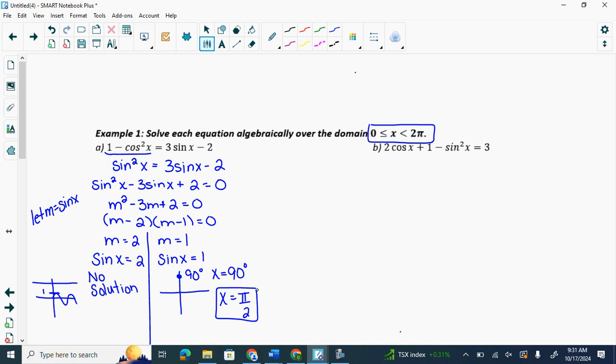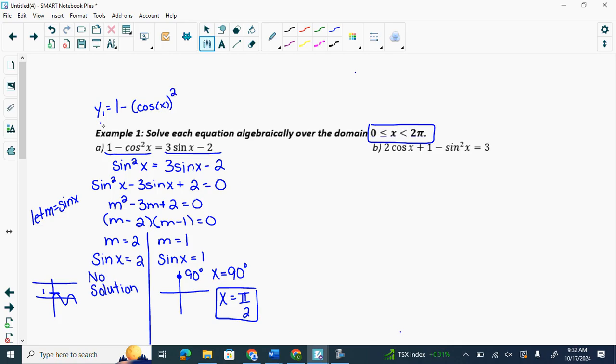Now, what would I hazard you to do instead of what we just did? What should we have done first? Put it in our calculator, y1, y2. Okay? So y1 is going to be 1 minus cos x all squared.